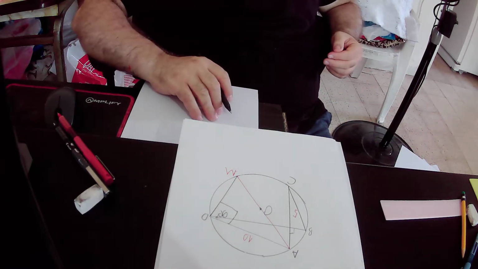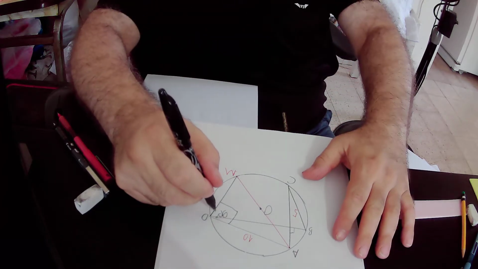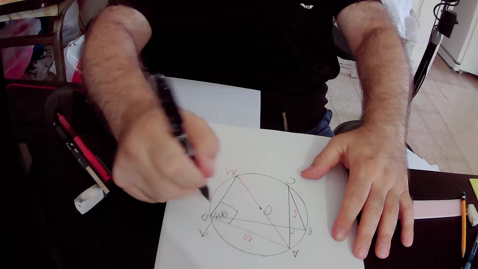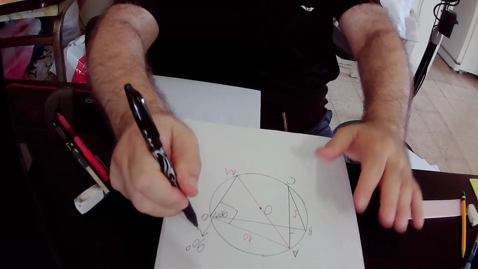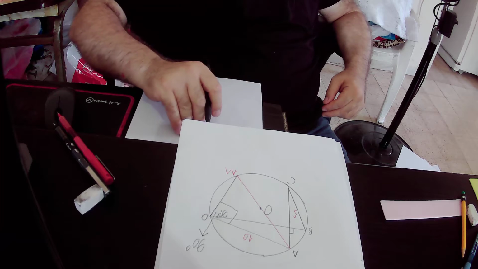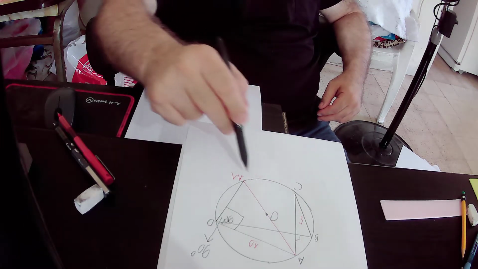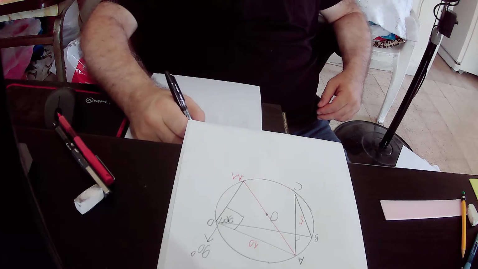Okay, I write it also here. Angle ADM equals 90 degrees, according to rule number 1, because it rests on AM, that is the diameter of the circle.